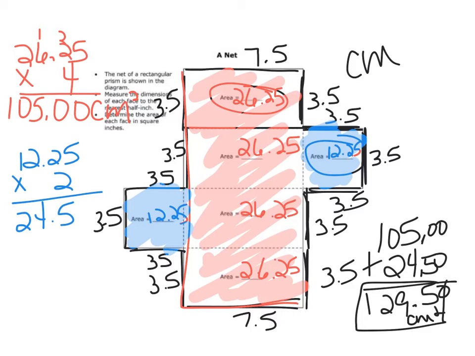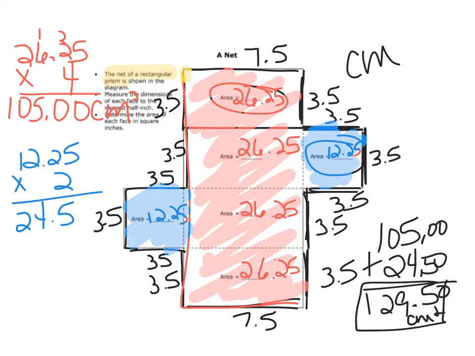Okay. Now, if you read this corner up here, it says the net of a rectangular prism. So basically, they're telling me that this becomes a rectangular prism. So why do you think it becomes a rectangular prism? I need you to cut this shape.